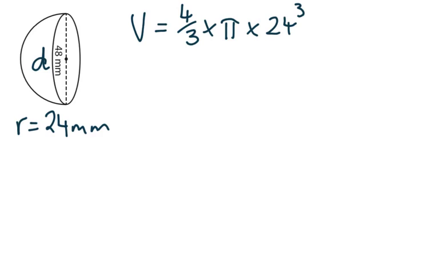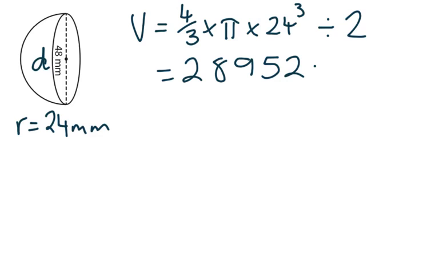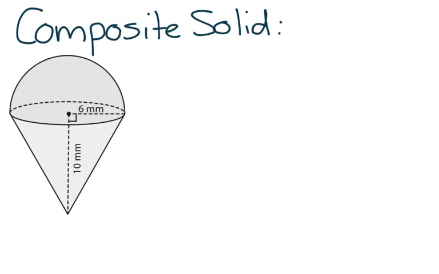And then because it's a hemisphere, we're going to put the divide by 2 on the end because we only want half of it. And once we've put that into our calculator, you should get 28,952.9 millimeters cubed.